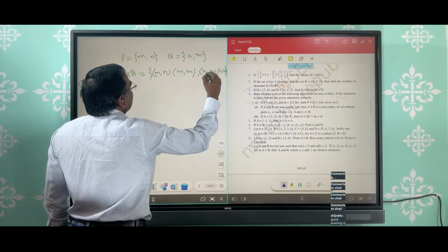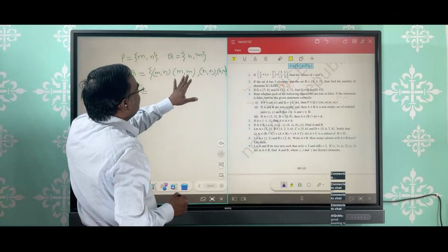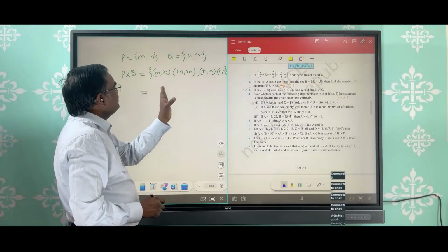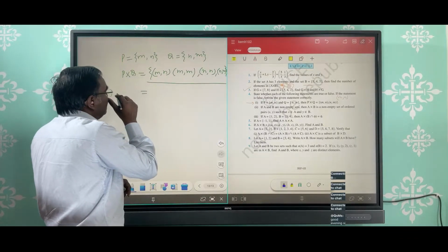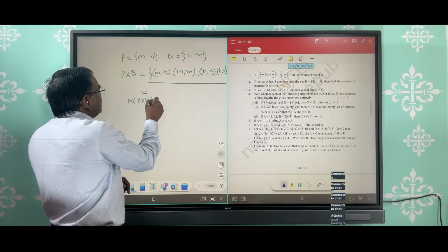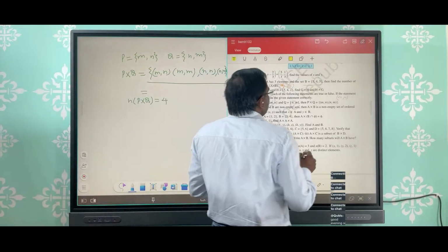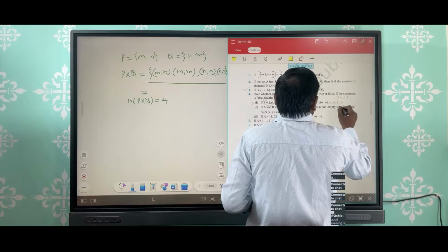You are observing that there is no repetition of the elements, and the number of elements in P cross Q is 4. That is also true. So true or false? This is the false one, and the true one is this.